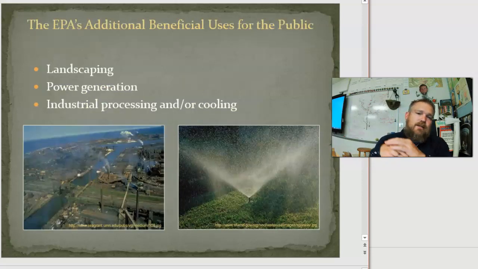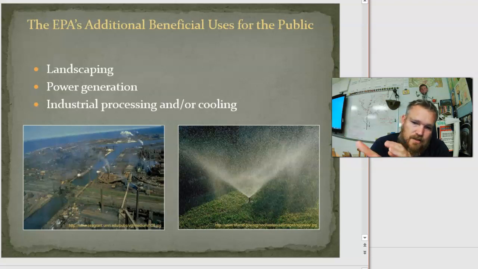Then there are 3 other uses that haven't quite made the big list, but are monitored to some degree by municipalities, especially to ensure that we are using relatively clean water for these purposes. Those are landscaping, both commercial and residential, and power generation, which is using water to turn turbines to create electricity and also to cool electrical production plants.